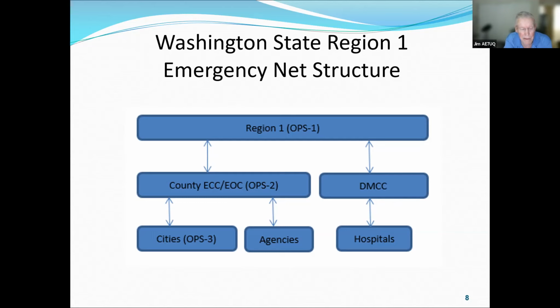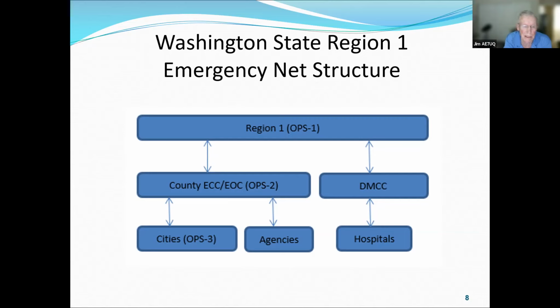And then that person, as City of Bellingham, and we have an ACS group, would report in to the next level up, which is the county. So Bellingham ACS would report into the county net saying, okay, we've got 12 operators today. Here's our situation. All the other cities and agencies in the county would do the same.